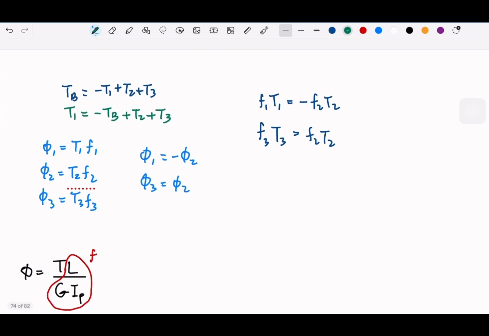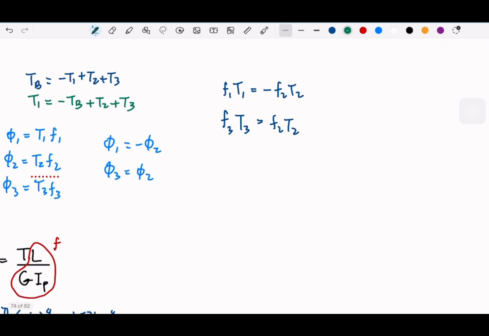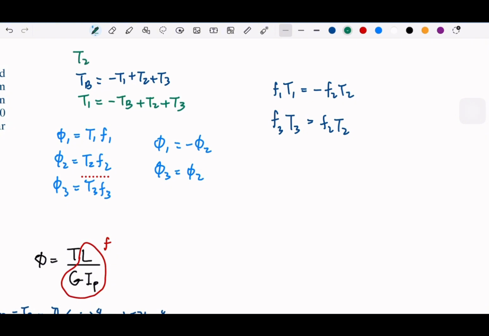So we can get for T2 for exchanging this T1, or we can get T2 if you want to make it T2, TB plus T1 minus T3. Okay, anyway, we can write this as F1.